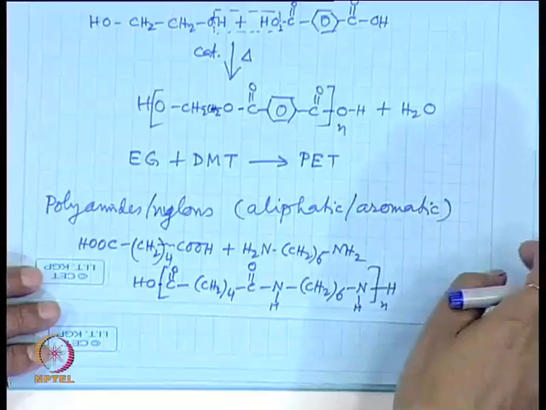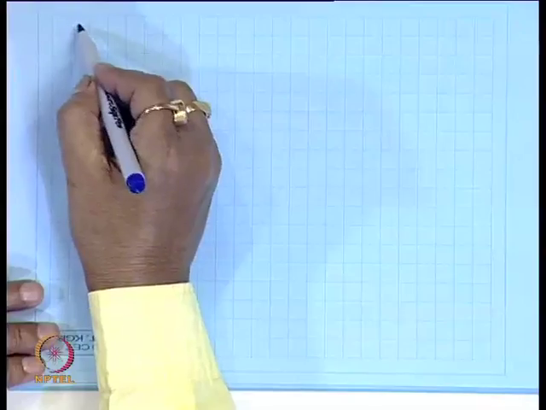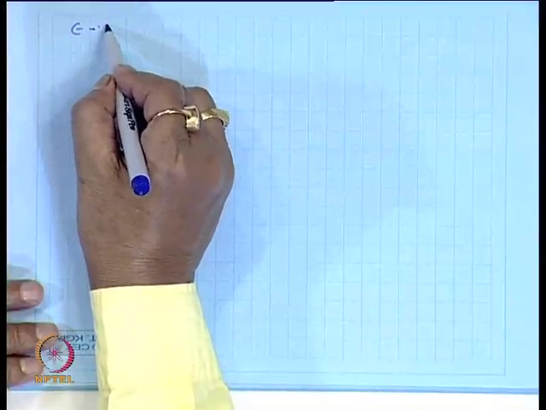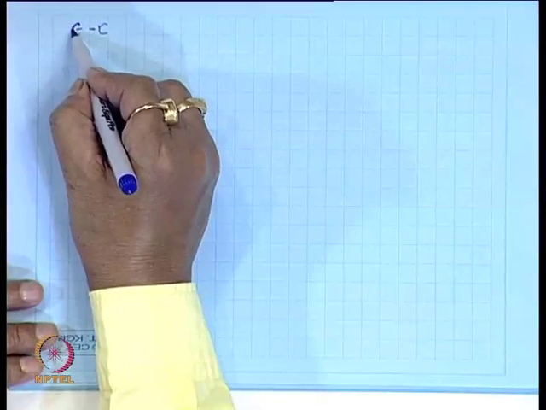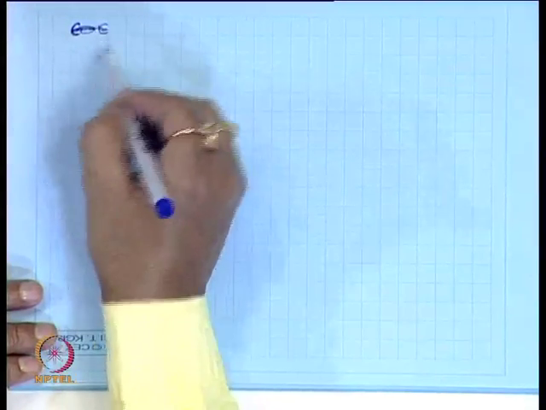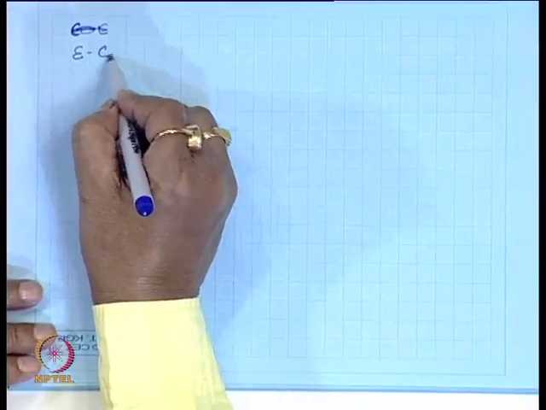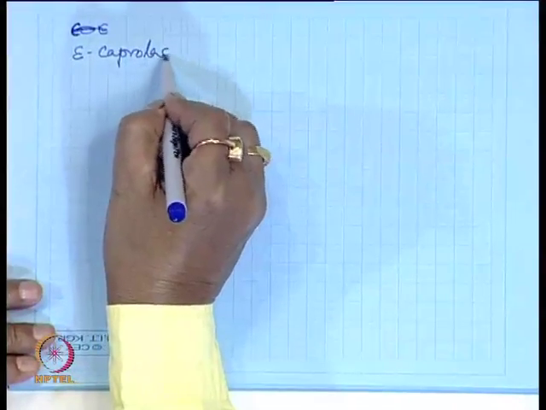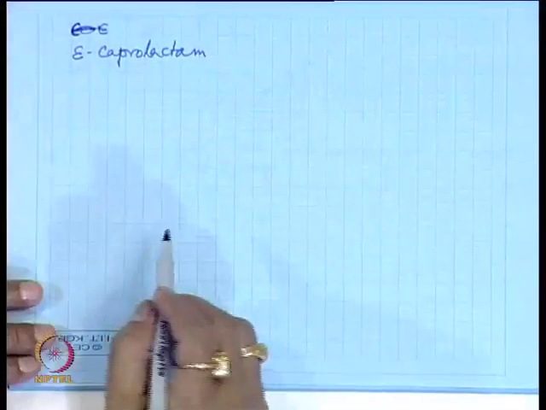You can get nylon 6 from caprolactam, sorry, ring compound.